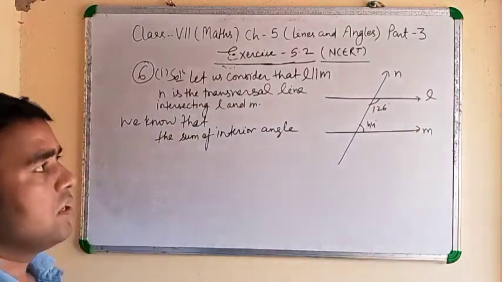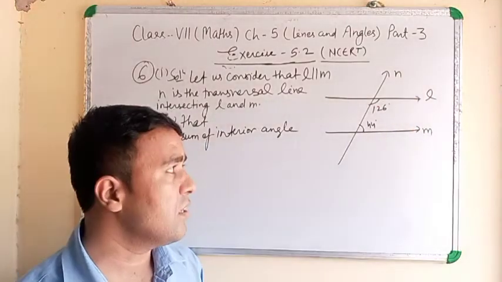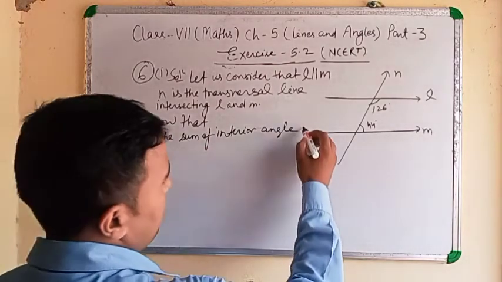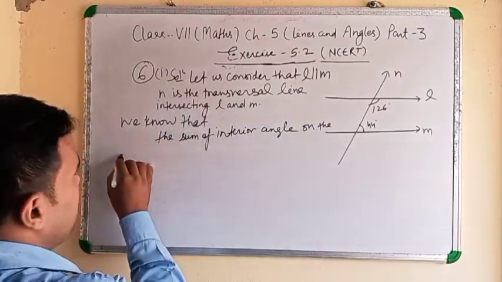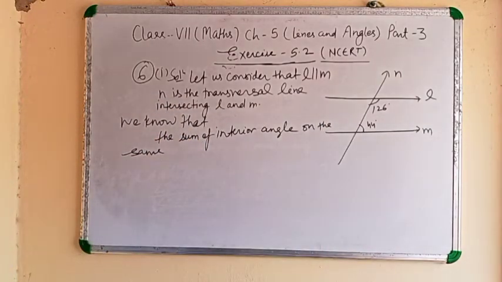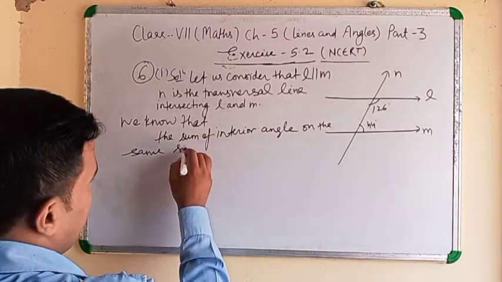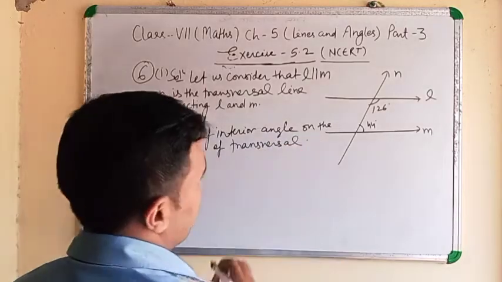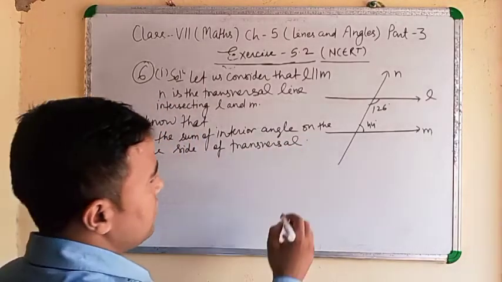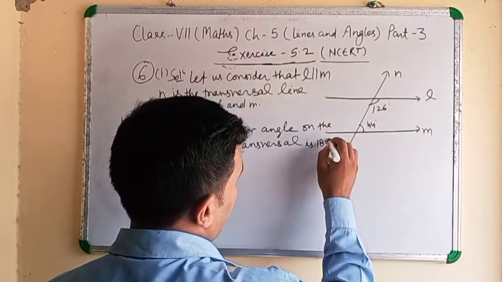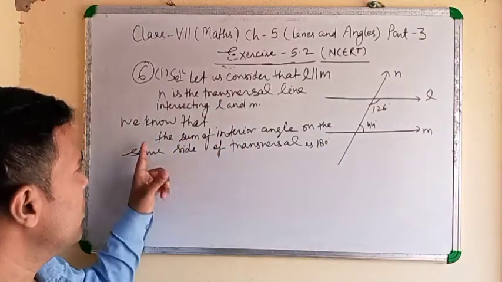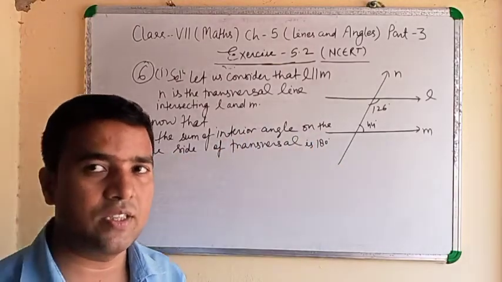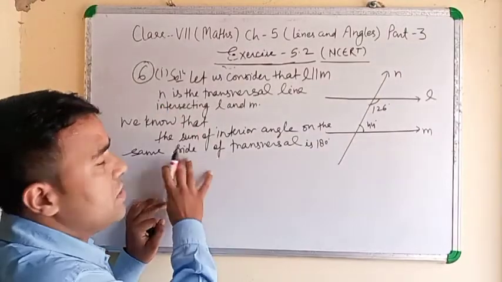Because this angle is given between two lines, L and M. The sum of interior angles on the same side of the transversal is 180 degree. Clear? You know that it is a rule.